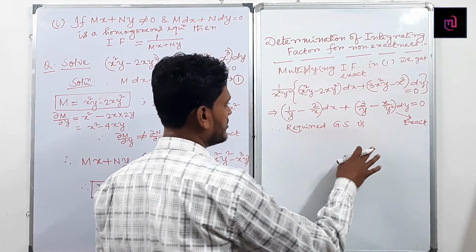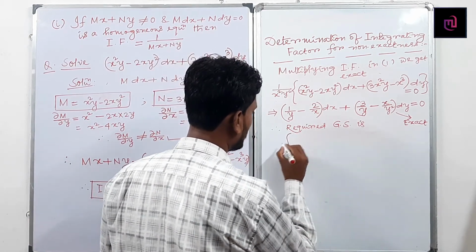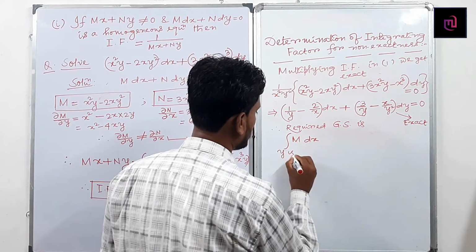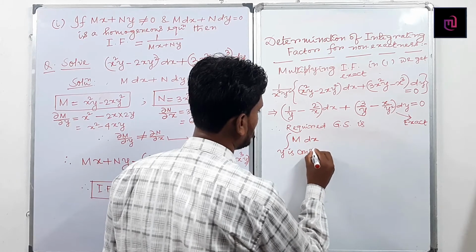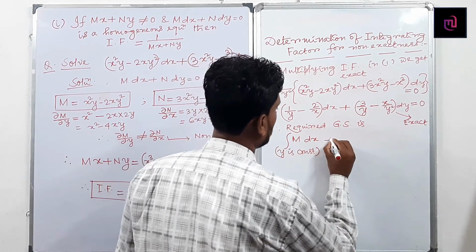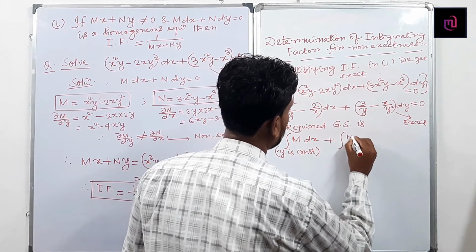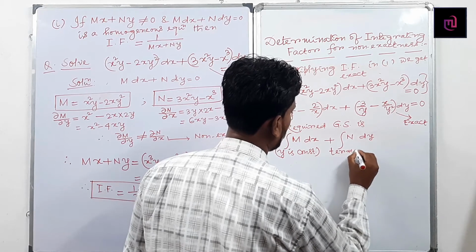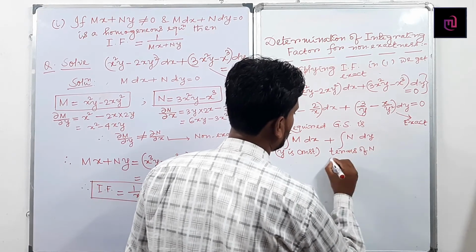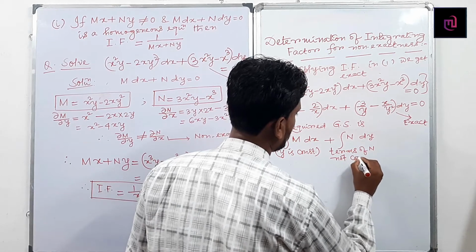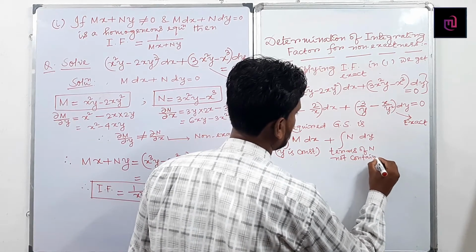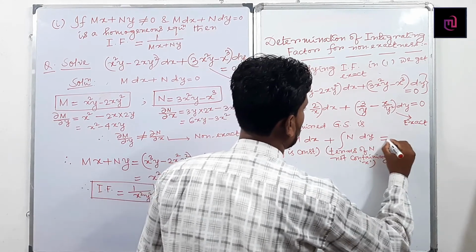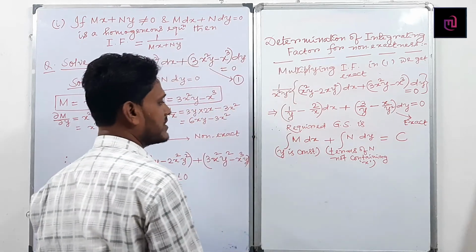If you get an exact differential equation, the general solution is integration of M dx, where y is constant, plus integration of N dy, only the terms of N not containing x, equals to some arbitrary constant c.